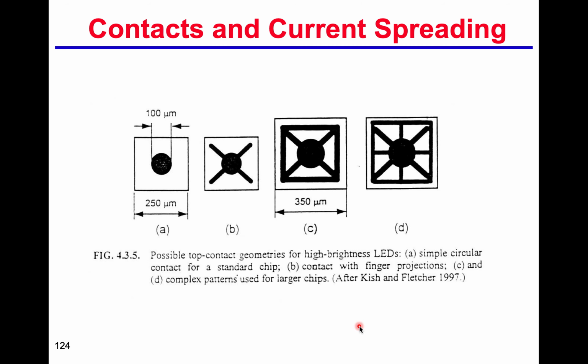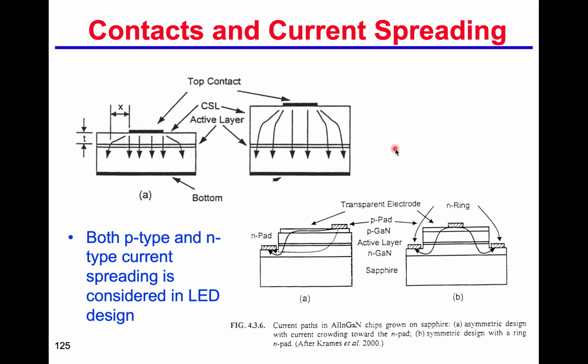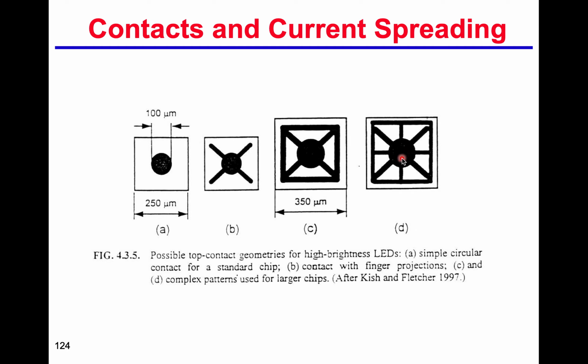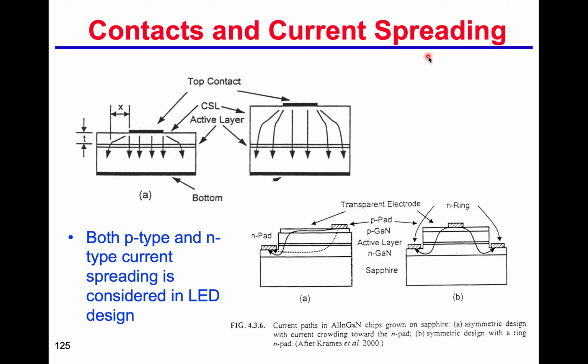There are different kinds of configuration for the electrodes, because the electrode is a metal. Of course, we can use ITO, but for ITO the conductivity is limited. Metals have much lower resistivity, and we can try to change the configuration to achieve better current spreading.